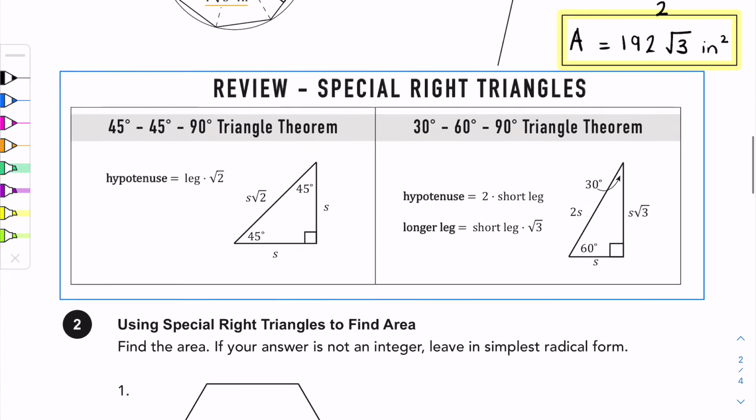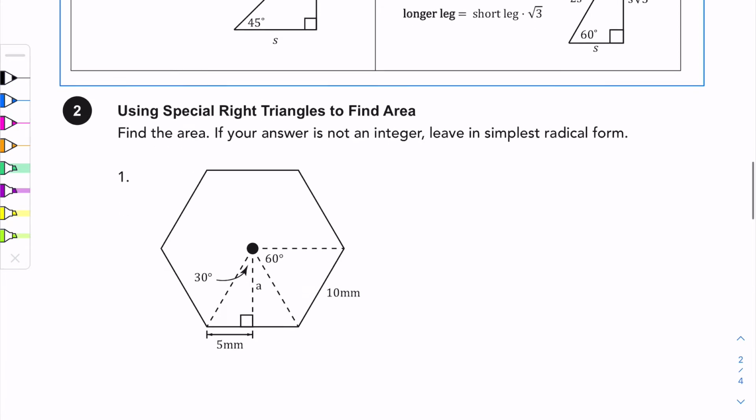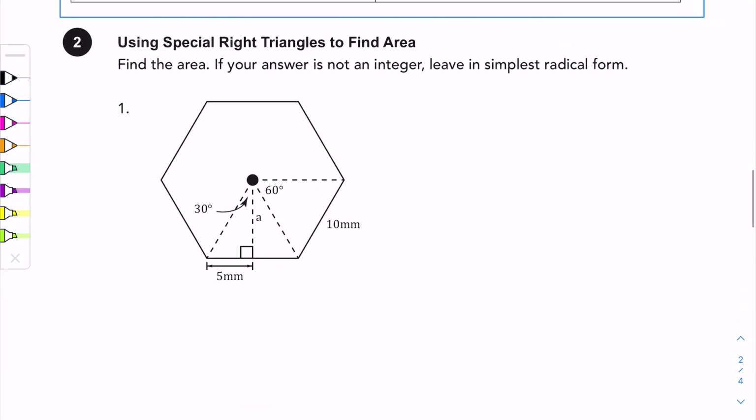So now let's move down to the next example. And this one says using special right triangles to find area. So we're looking to find the area of this regular polygon. I forgot to put that in the directions, so I'm just going to label regular polygon. It also tells us to leave our answer in simplest radical form.